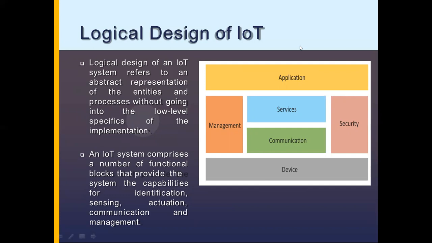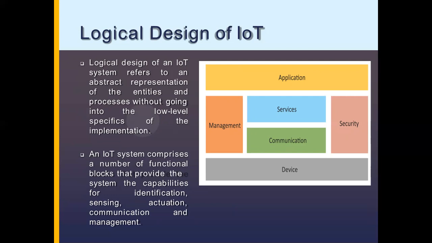These are the different design elements, designed in such a way that they cover the basic things we require. First we want an application. The application should be managed. It should provide some services. It should be able to communicate with other devices, and the device should have some security, and finally you need a device to have this application. This is the logical design of IoT.